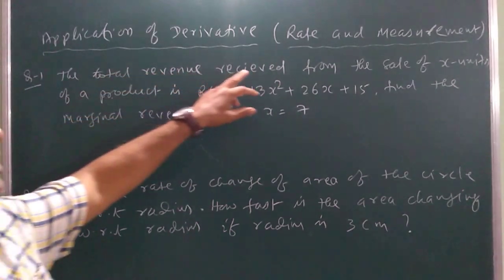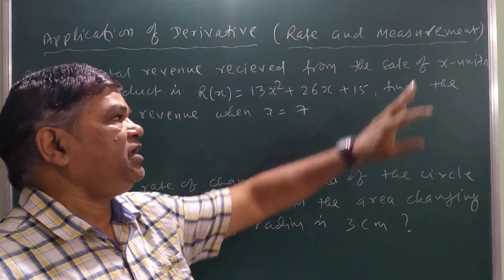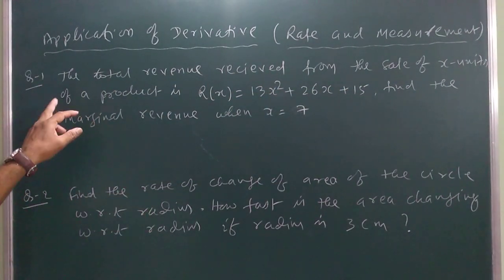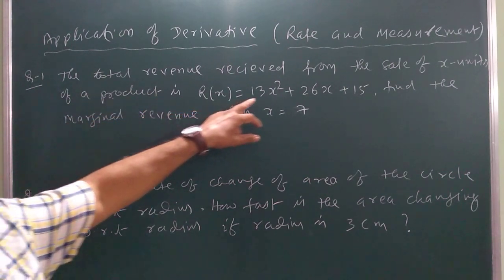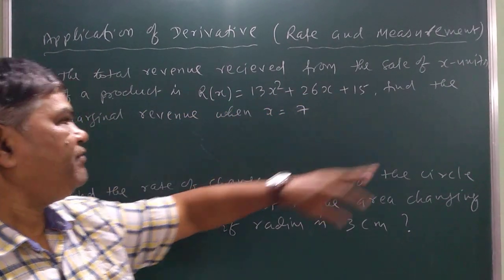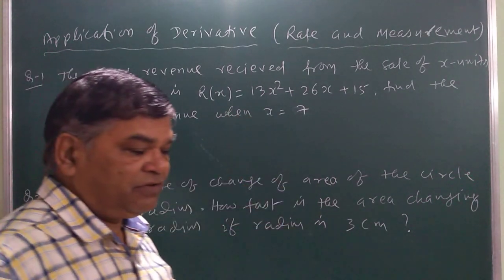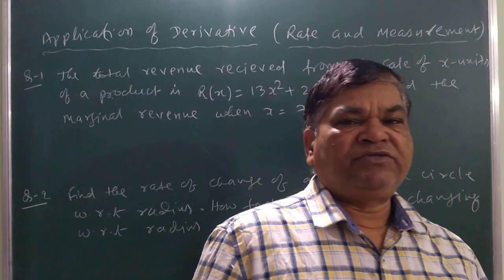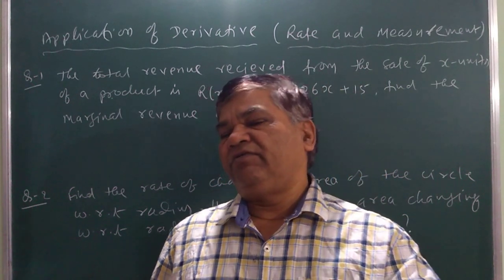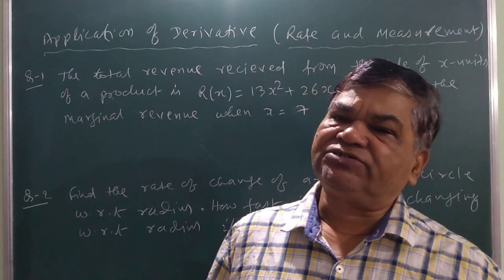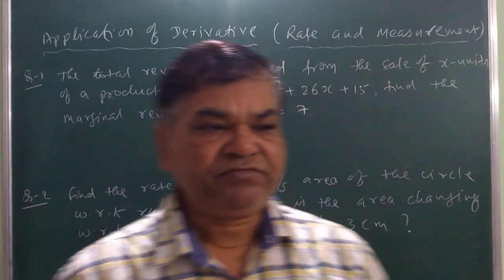If the total revenue received from the sale of x units of the product is given by this, find the marginal revenue when x is equal to 7. So what do we mean by marginal cost and marginal revenue?